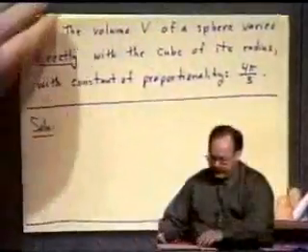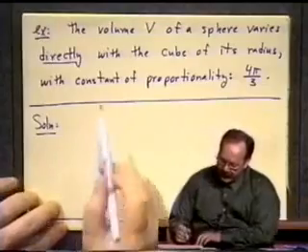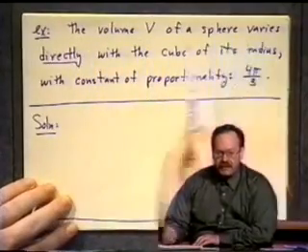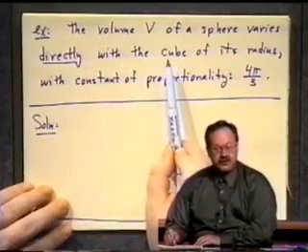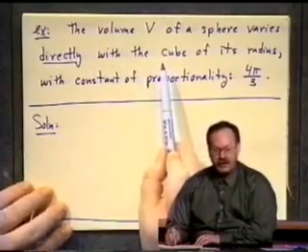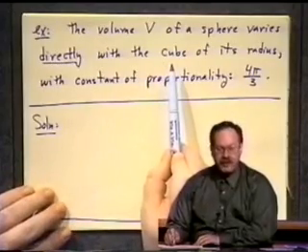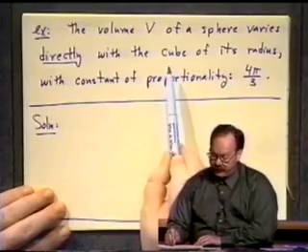Here's one I've written out for me, so I don't have to spend the time writing it for you. The volume V of a sphere varies directly with the cube of its radius. So it's not just the radius. This will often happen when you're talking about variation. Sometimes it won't be just the variable alone. It may be the cube or the second power or some other power of the variable.